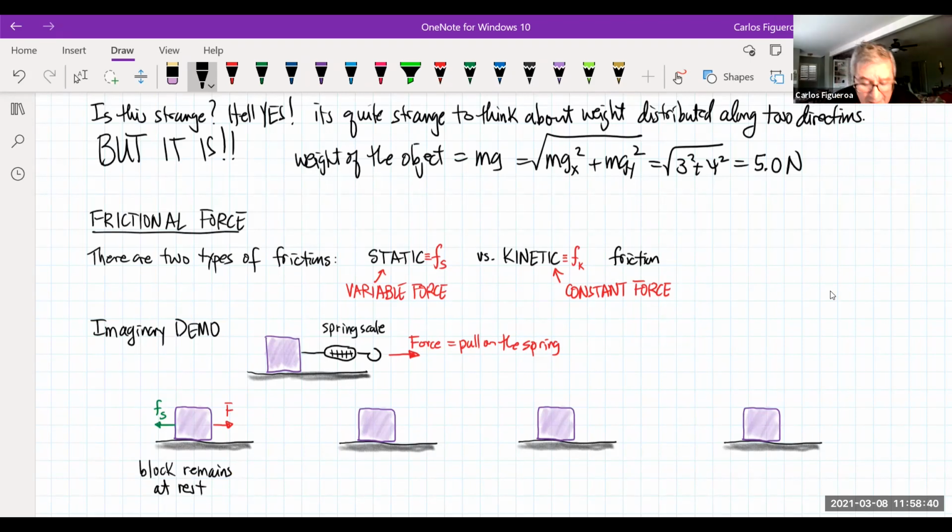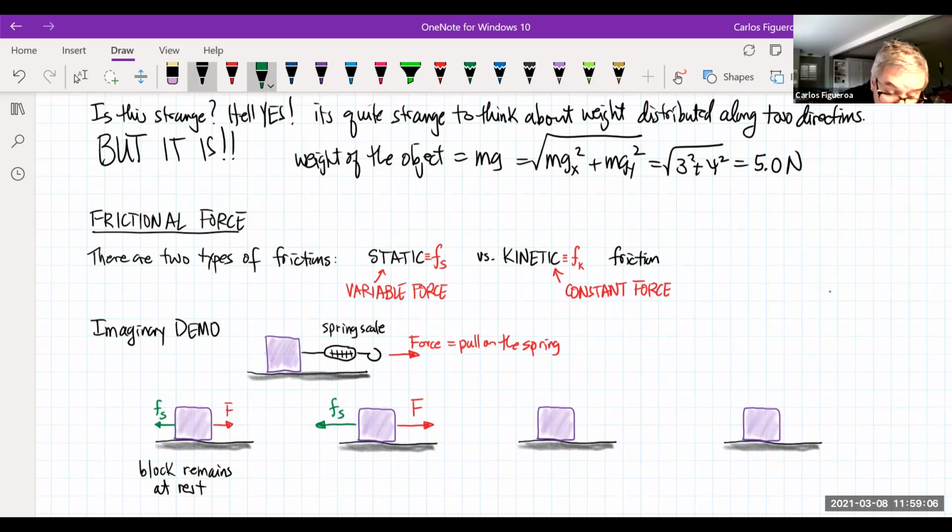Now, here's what happens. If there's enough friction, I can actually pull harder. So my force has now increased. And what you're seeing here is that the block does not move, but the frictional force has increased.